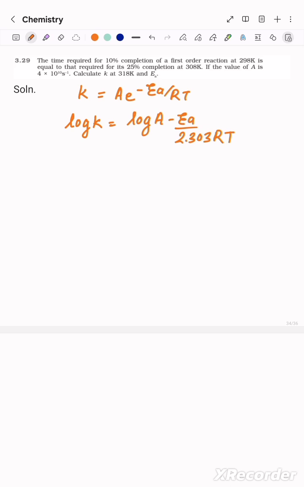First of all we write the equation for calculation of the EA value, that is log K2 by K1 is equal to EA by 2.303 R into (1 upon T1 minus 1 upon T2). Here K2 by K1 is also not known, so from this we calculate the K values and the EA value.